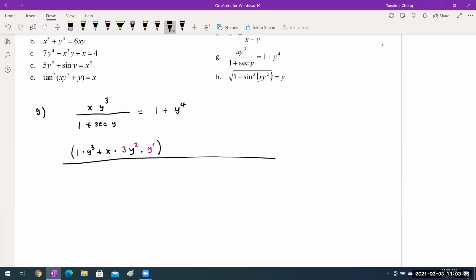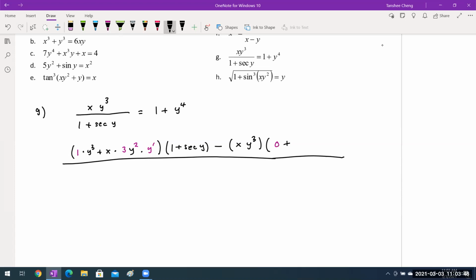So we take care of the numerator part, derivative of that. And then according to the quotient rule, I need to multiply by the denominator factor. And then minus, now I'm going to multiply the numerator times the derivative of the denominator, which is derivative of 1 will be 0, and then plus derivative of secant y.